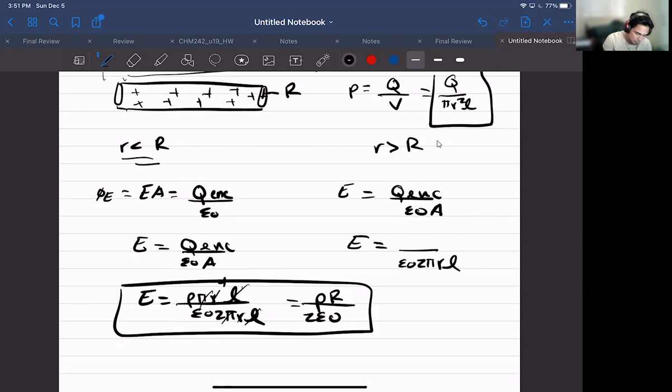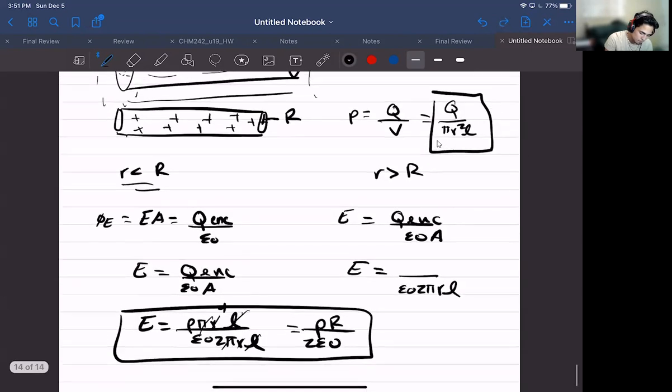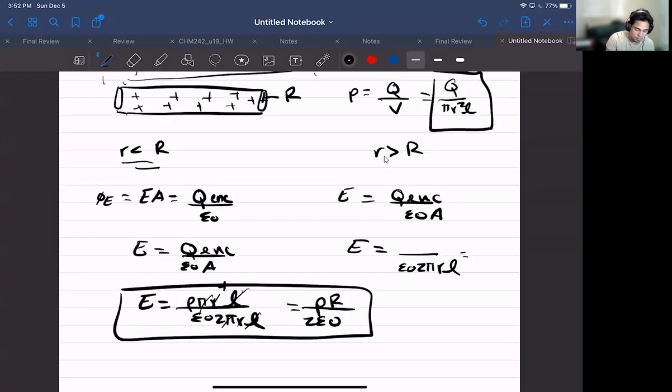So what's going to happen is that when we find the Q enclosed by that whole cylinder, it would be pi R squared. In this case, they are going to be different.